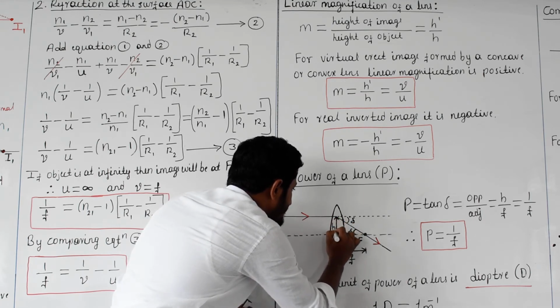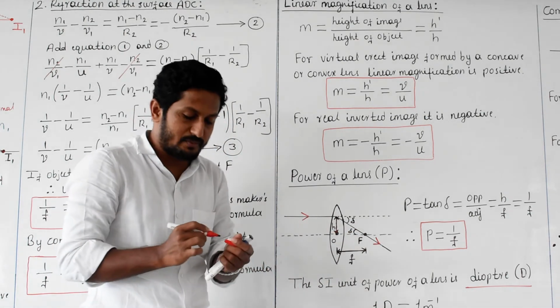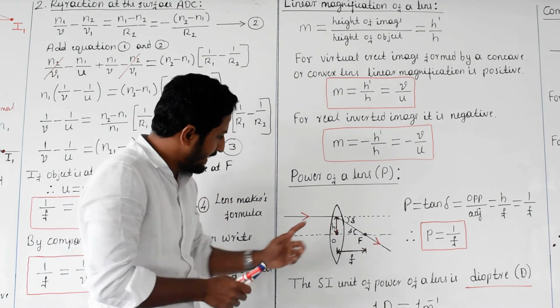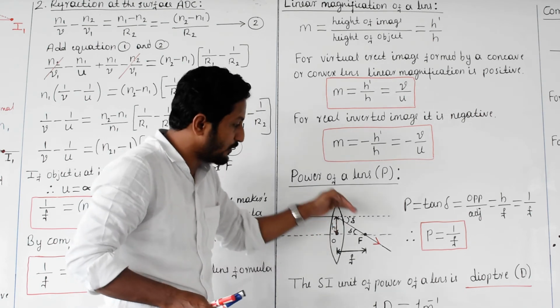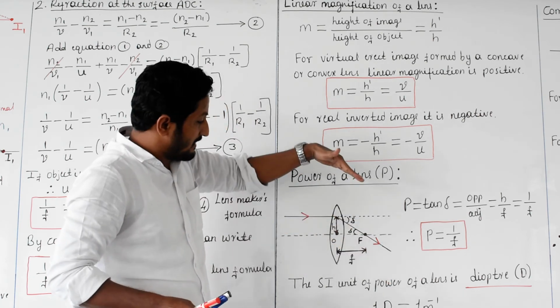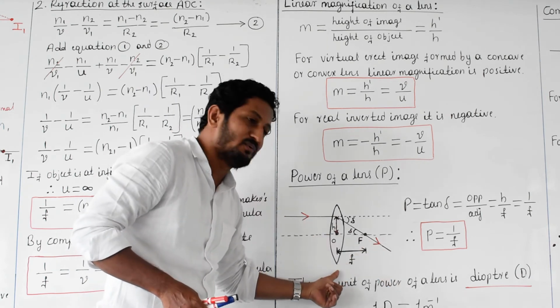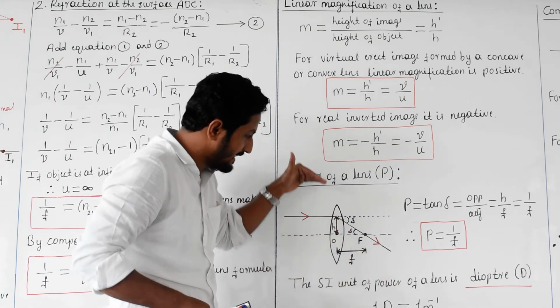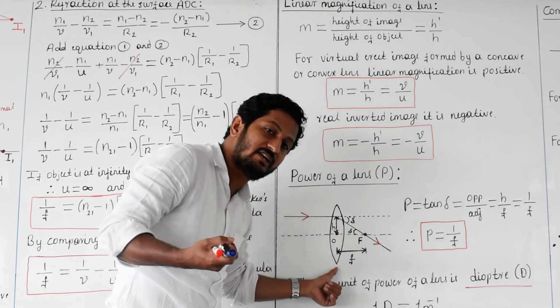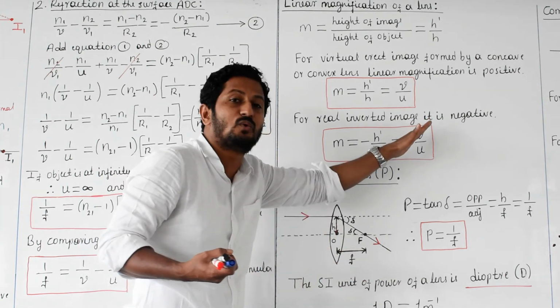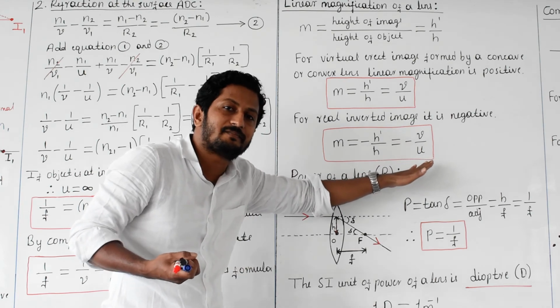This ray is at a distance h from the principal axis, and it is going to be incident on that biconvex lens and converge. Here it is a converging lens, that's why the light ray converges. If it is a concave lens, then the light ray is going to diverge.